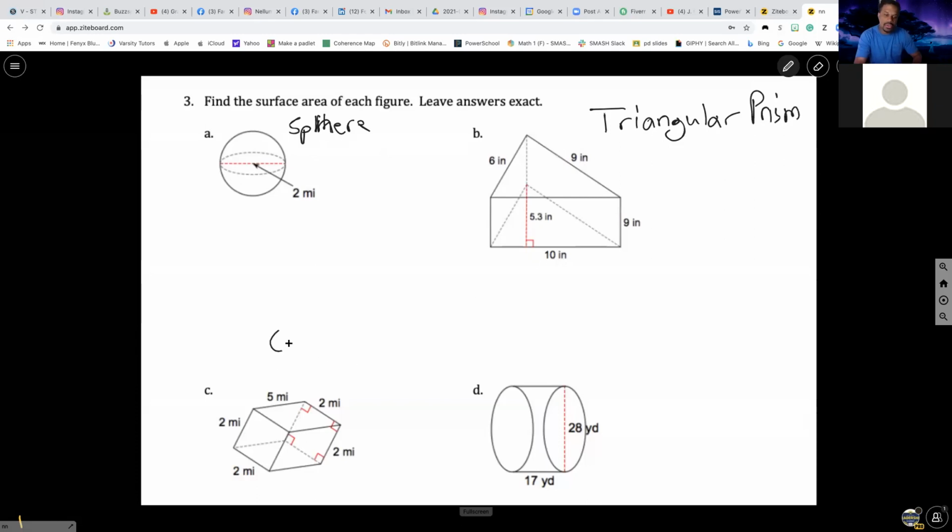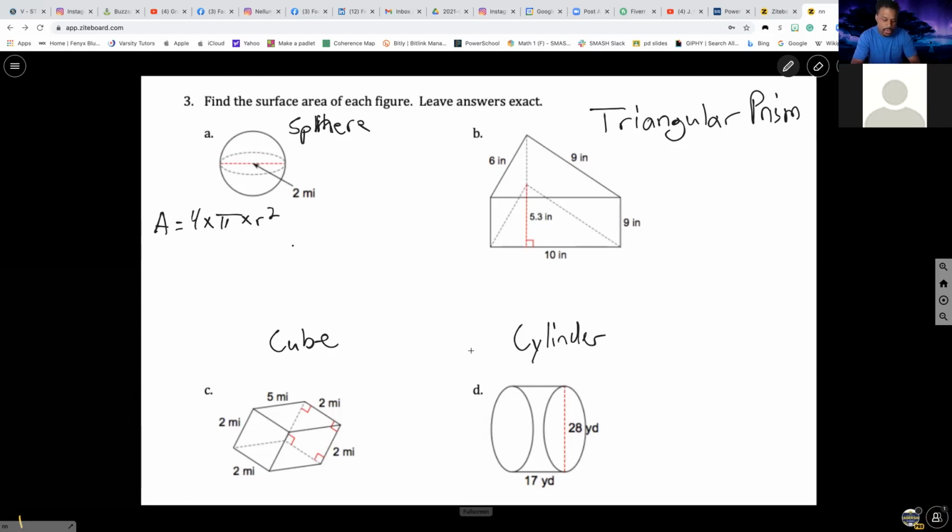This is a cube, and then this is a cylinder. So you just look up the surface area of each one of those shapes, and you just write the equation down. So surface area of a sphere is A equals 4 times pi times r squared.